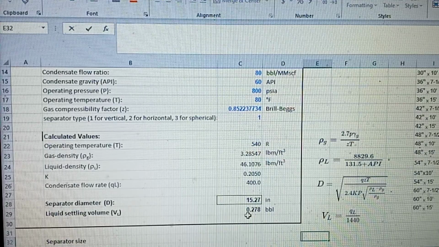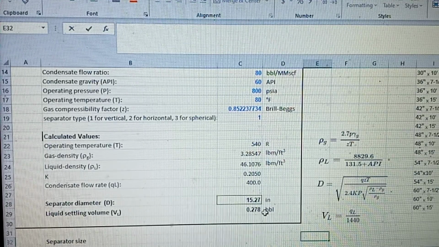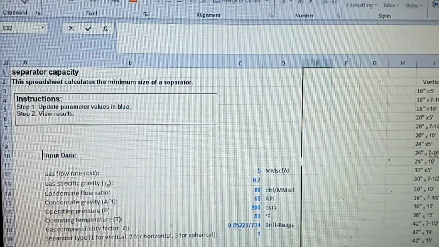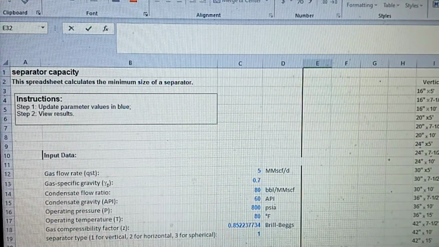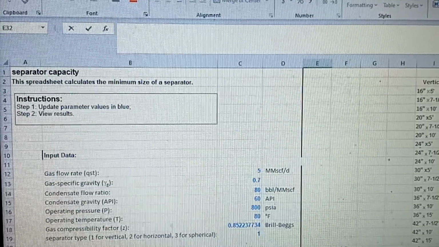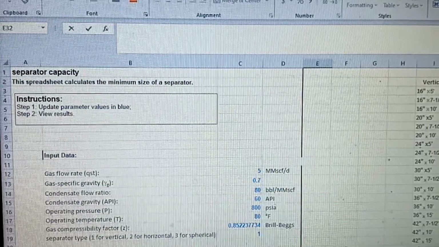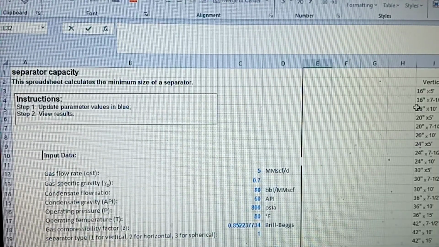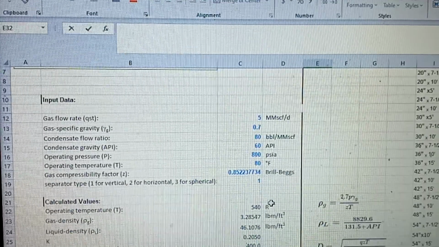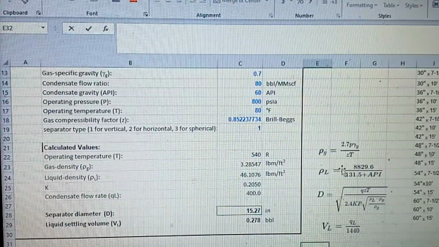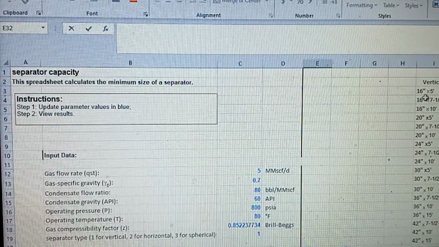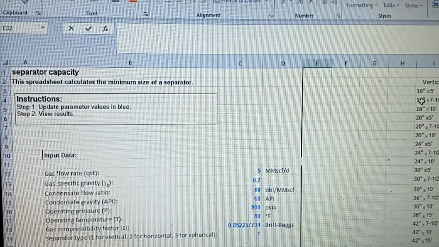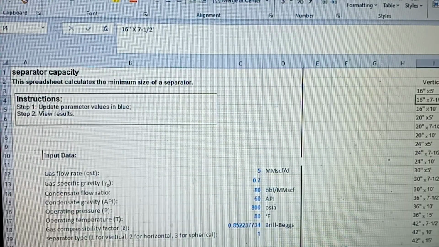Then the volume certainly must be at least 0.278. So I go to the table here. You see the table on the right? This is vertical, the next one is horizontal, the next one is spherical. For the vertical, I'm looking for 16. Okay, I got 16. But what matters now is the 0.278, which is the retention. This first one is 0.27, so that one is not going to work. So I have to use this. So this is the size I need. You can do up to 0.41.